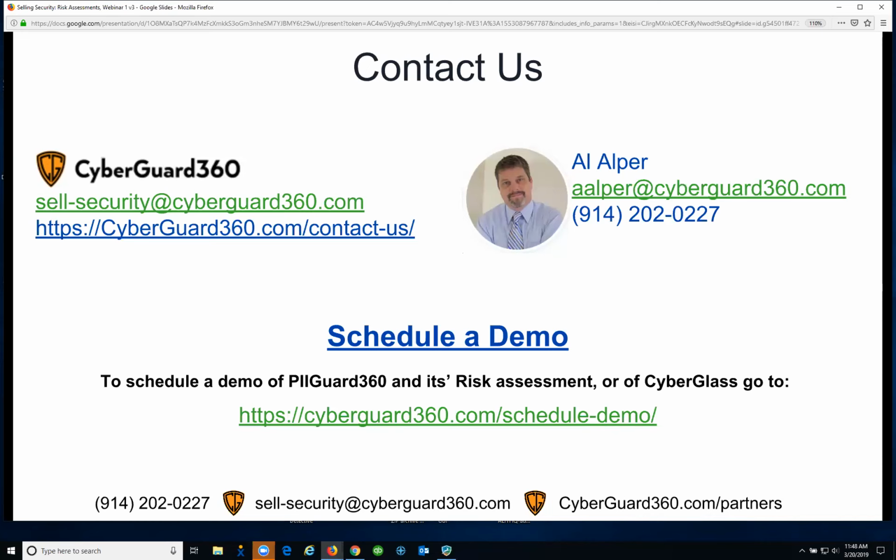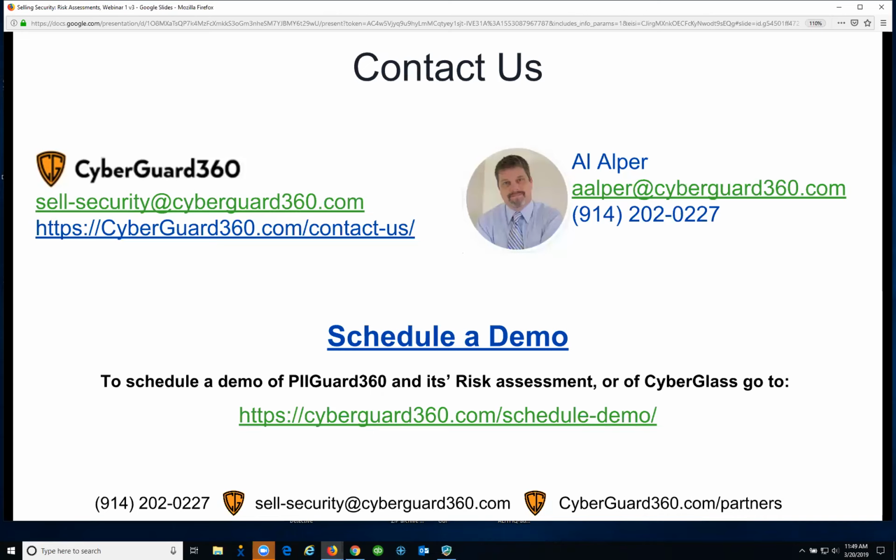The other thing that we do differently than them is we are integrated with our CyberGlass SIM 2.0 platform, our MSSP in a box platform. And what's coming on that platform that PII Guard 360 integrates with is that it is going to automatically document incident response.